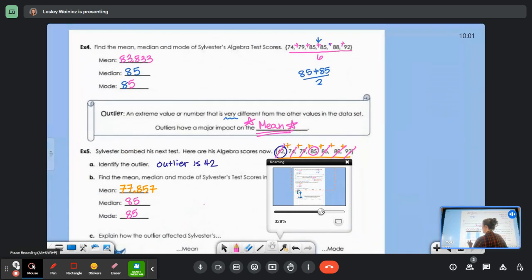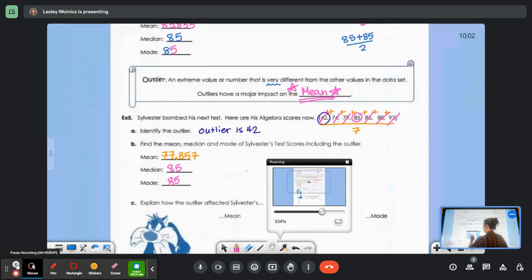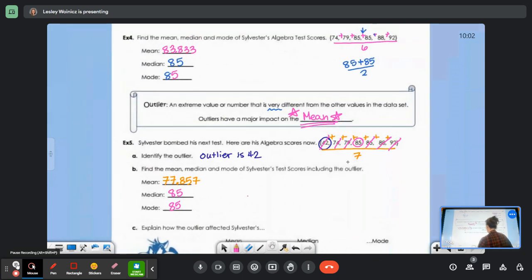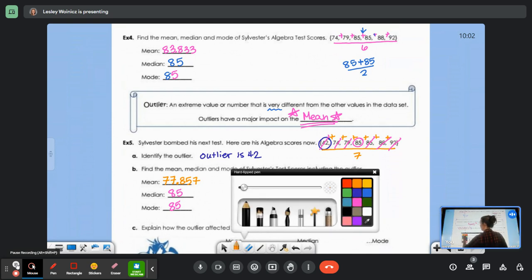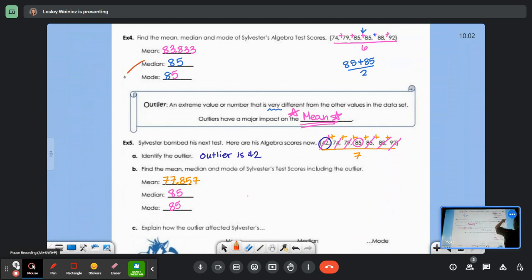So when we're looking at these together, the median, when we look from top to bottom, did not change. The mode did not change. The only thing that changed was his mean.